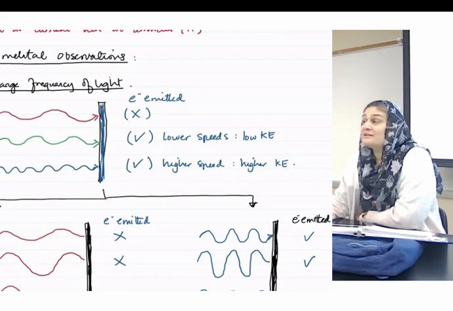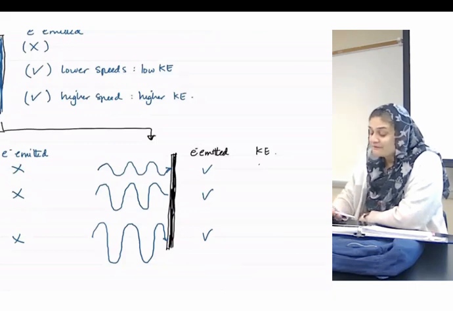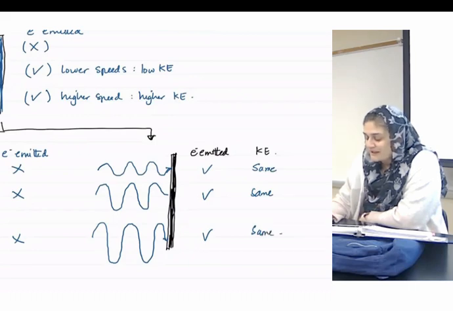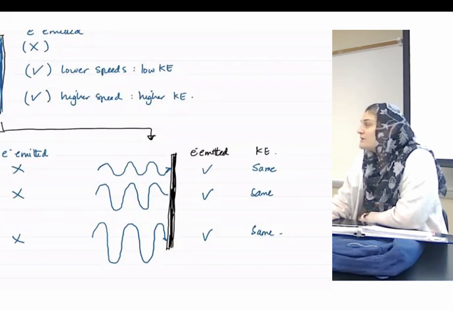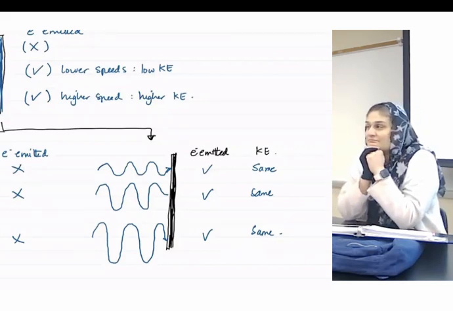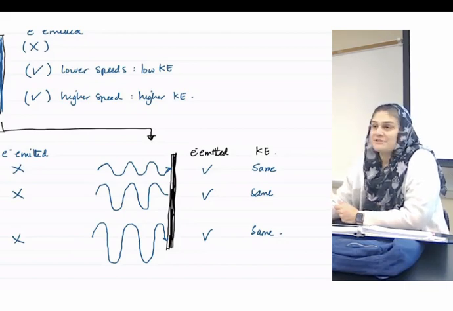That's what classical physics predicted. That's what they were expecting. But what they actually found was that the kinetic energies remain exactly the same, no matter how much we increased its amplitude. So they didn't get any faster.